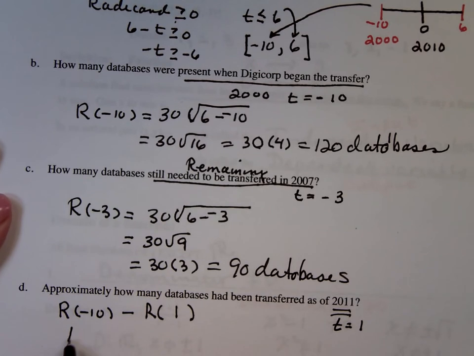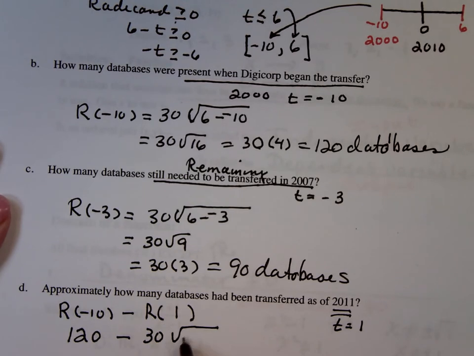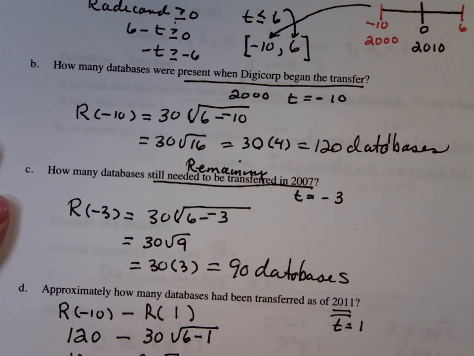Well, we know this is 120. And then r of 1 is 30 square roots of 6 minus 1, which is 120 minus 30 square roots of 5, which is 120 minus approximately 67. Or we're looking at 53 databases transferred.